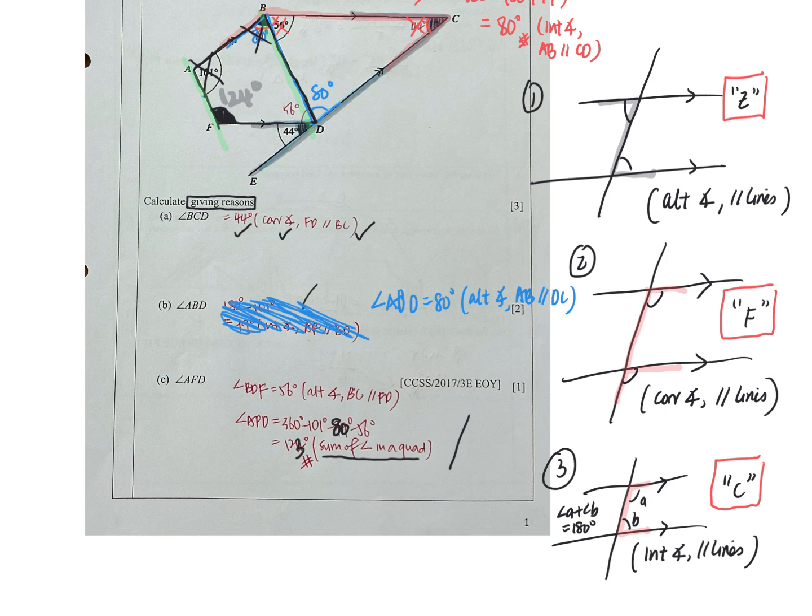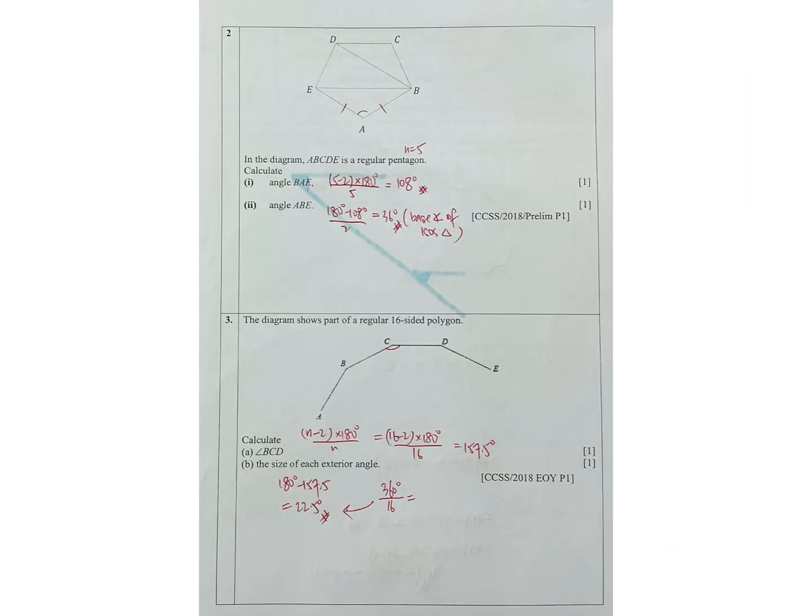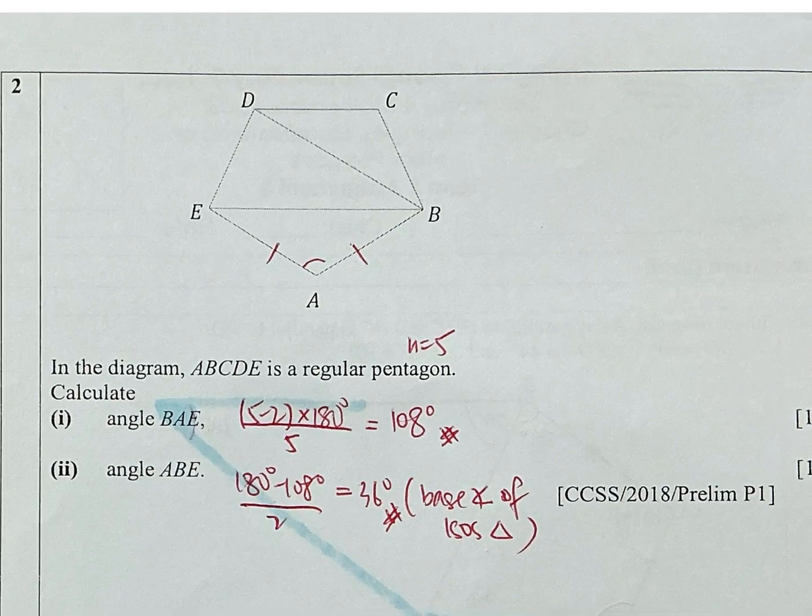Okay, then of course you got six angle properties. Remember, okay, this one. Polygons. Let me remind you some formulas. We learn a few. First thing is if you see the word regular, it means equal sides, equal angles.